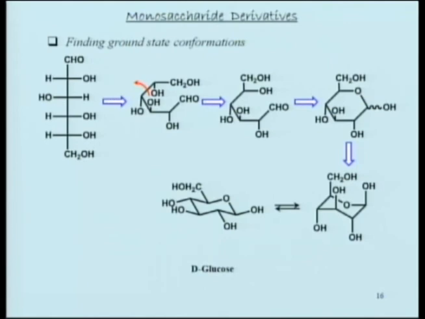Not only that connection, but finding the conformation of the closed form using very simple principles, not really doing a lot of computational work. So if you look here, this is D-glucose, the open chain form.